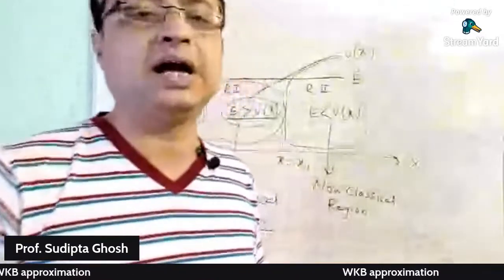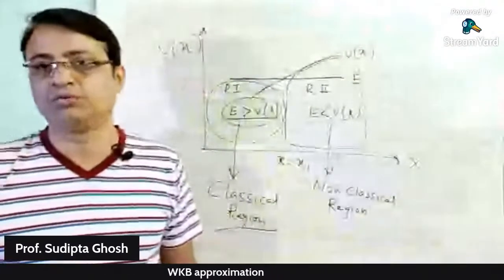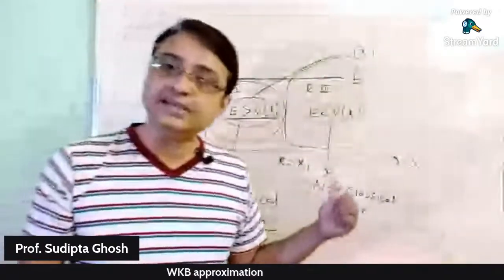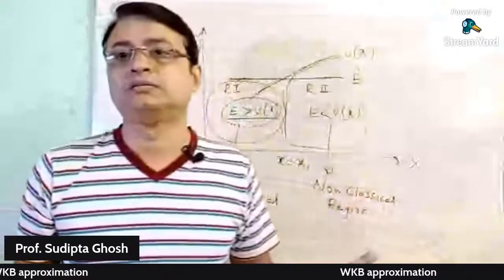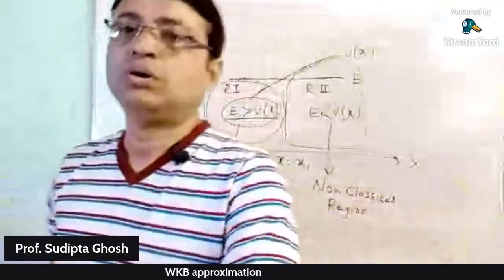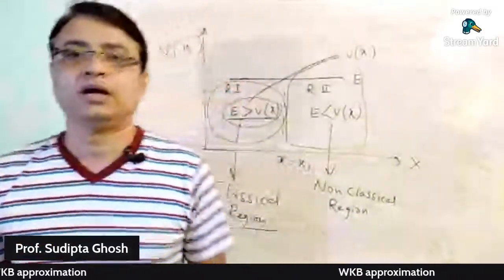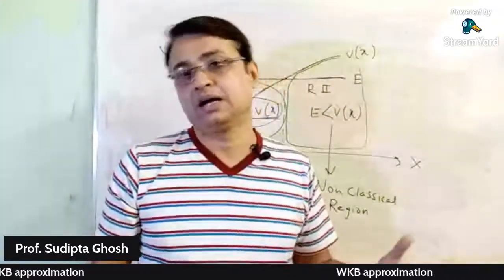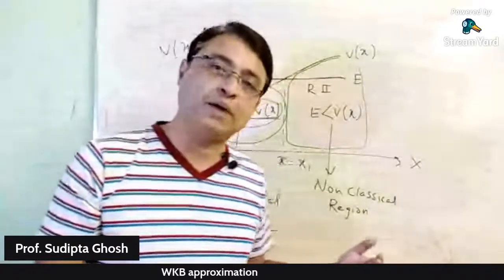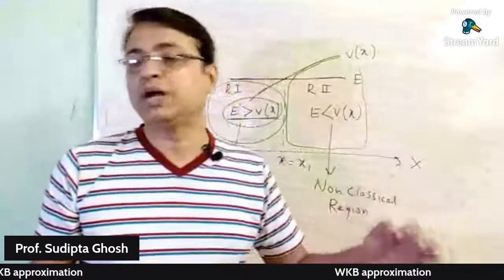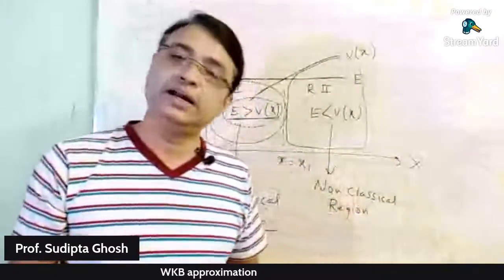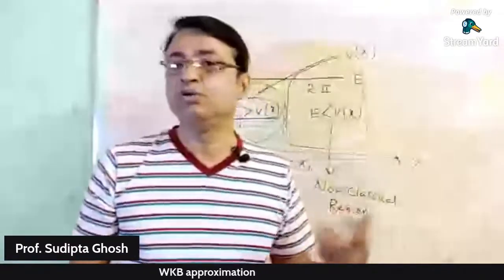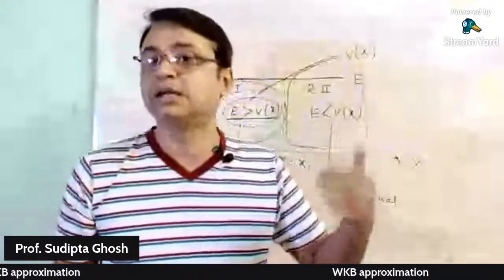Now, we have to make sure that if you are going to apply this WKB approximation in such a case, where one region is a classical region and the other is a non-classical region, and your particle is moving through these regions, you can apply the WKB approximation, because again the potential changes slowly.